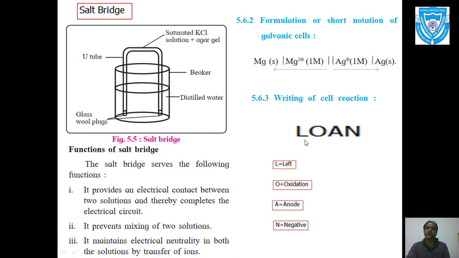L stands for left, oxidation, anode and negative. So we'll see the examples. Mg forms Mg2+, that means Mg, with a single arrow, gives Mg2+ plus 2 electrons. And similarly Ag+ plus 1 electron forms Ag only. So these are the writing of the cell reactions.